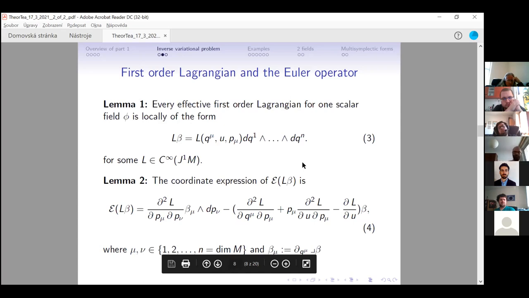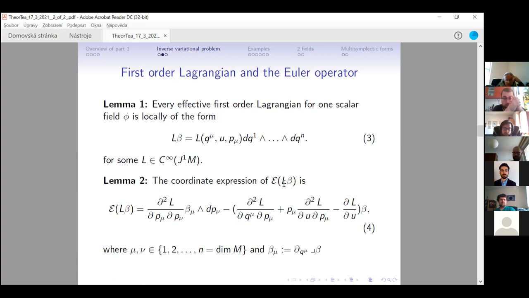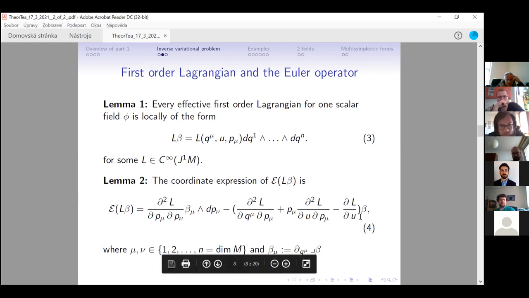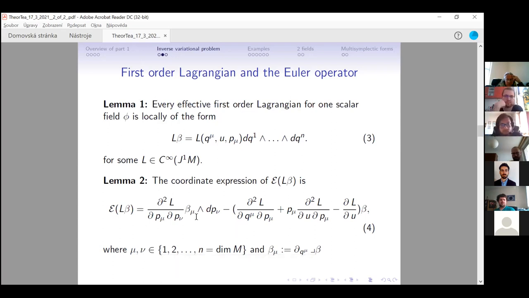And the second lemma that we use is the coordinate expression of E L beta, the Euler operator applied to L beta. This is an n form again on J1M, and it looks like this. Everything should be clear here.